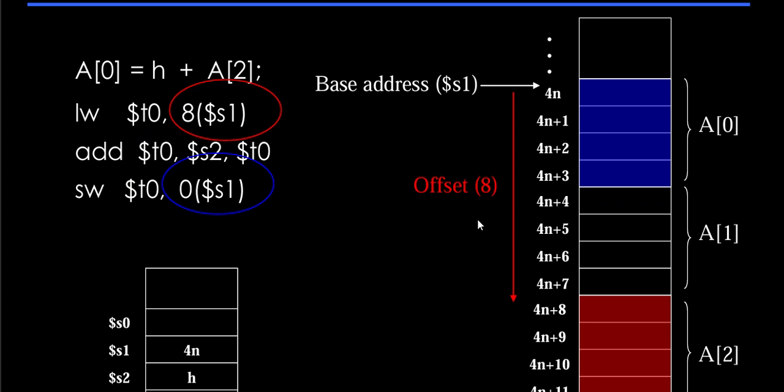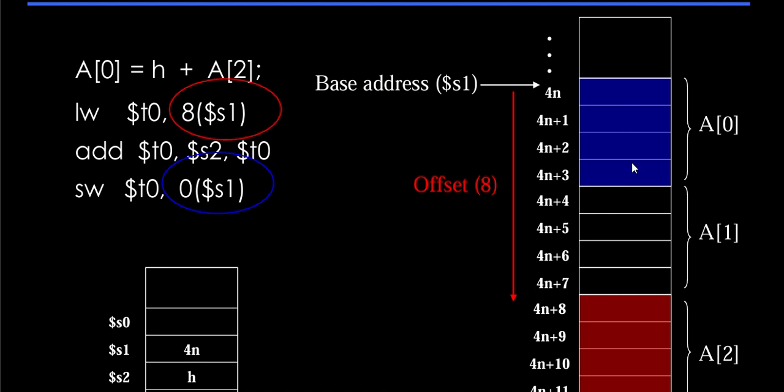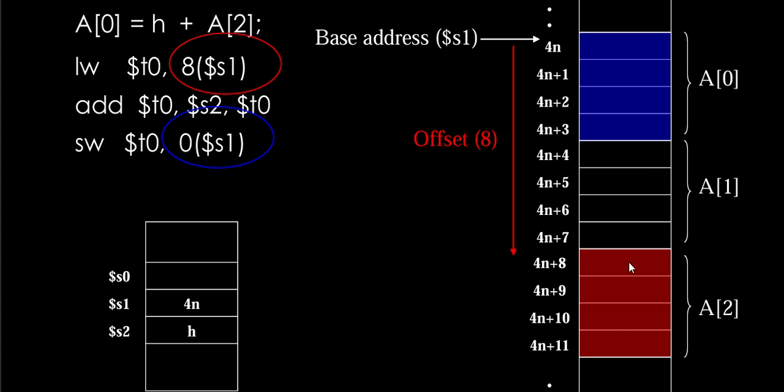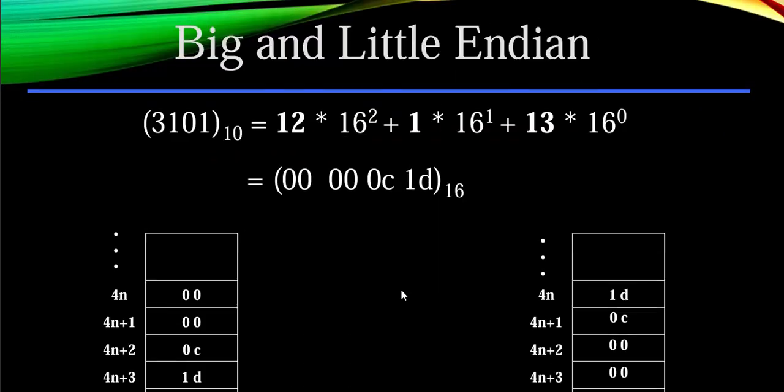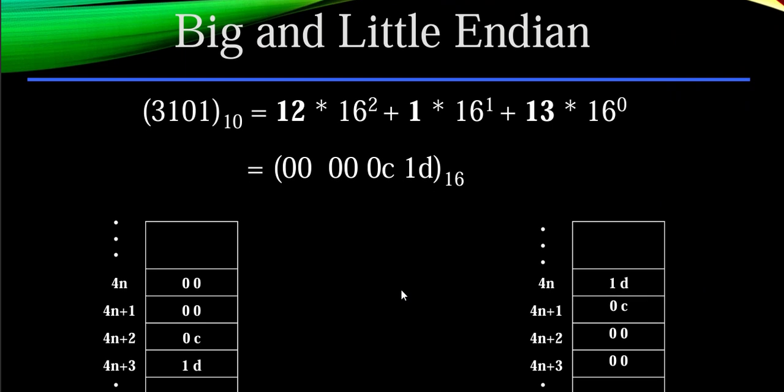For example, if you are storing a variable in A0, in MIPS it will be assigned 4 bytes, so 1, 2, 3, 4, and all of these 4 bytes will be used to assign the variable. A1 is as you can see and A2 as you can see, so it's a matter of the view of the registers and how they are stored in memory.